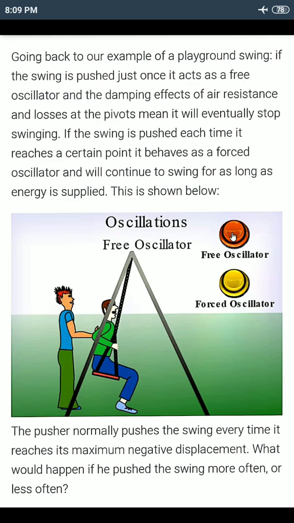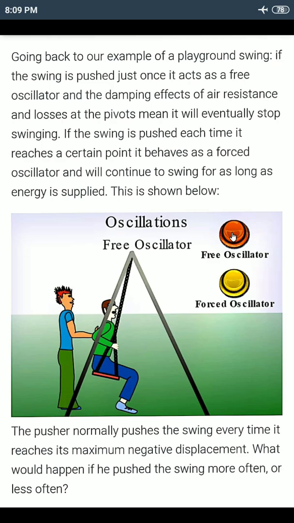Now the question is, if the pusher normally pushes the swing every time it reaches its maximum negative displacement, what would happen if he pushed the swing more often or less often, not after the same interval of time?